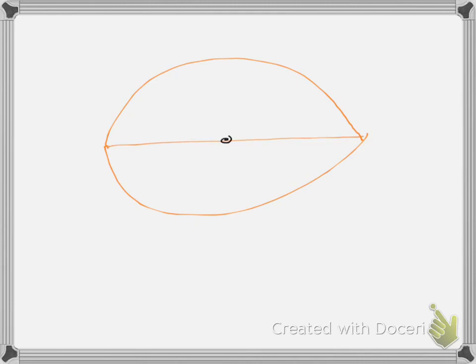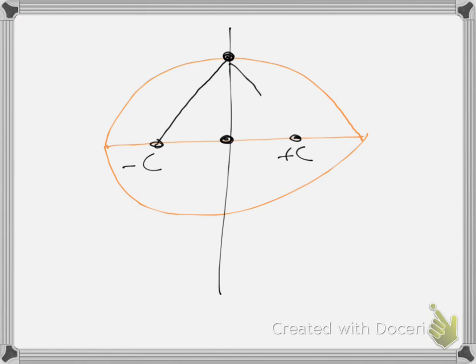Let's see. If this is the center, and I have a couple focus points, back C and over C from this origin, right? And I do this point, which is super convenient, and I do the string up to that point. Remember, this direction is B, and this is A; this is over A, back A, this is up B, down B. There's two right triangles.